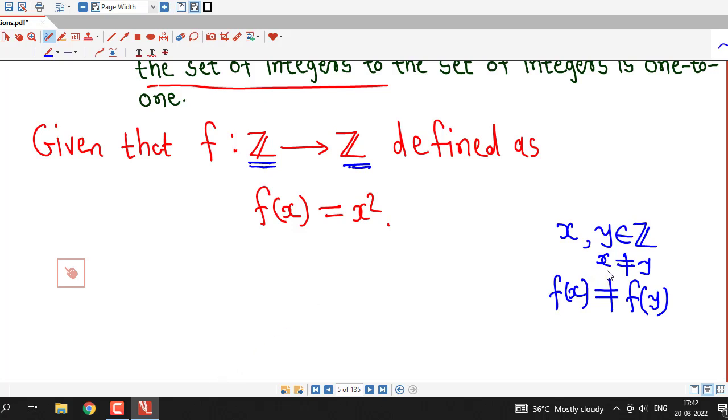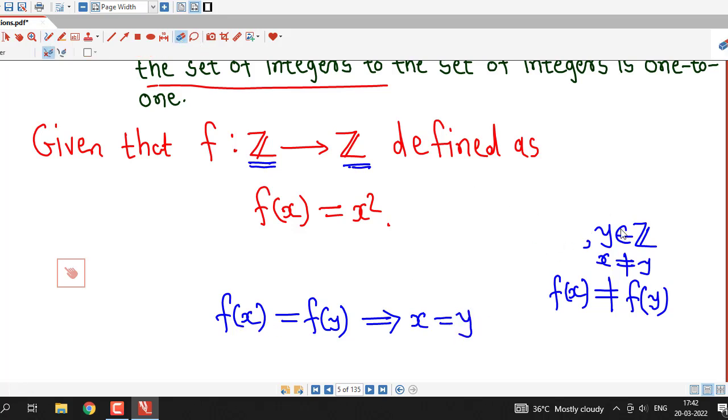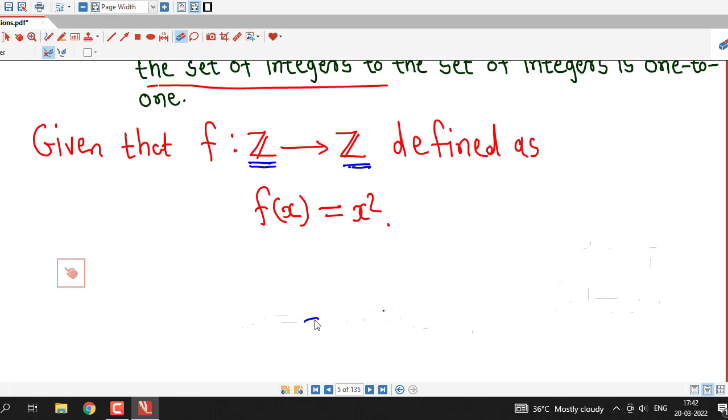So how to check whether this condition will be satisfied? Or we can check in this way also: f(x) equal to f(y). If f(x) and f(y) are equal, then x must be equal to y. So we can use either this one or this one, and check whether this is satisfied or not.